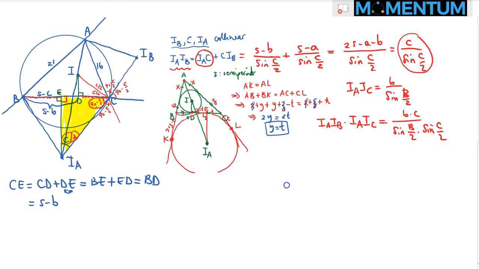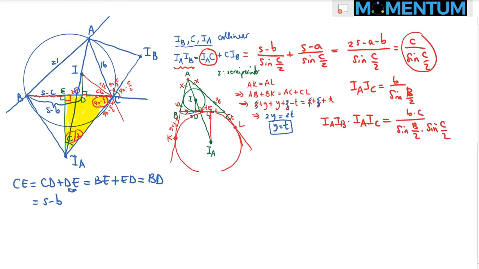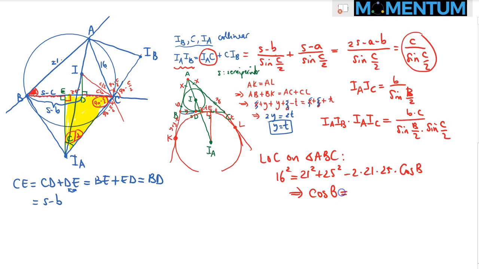Going back to our original picture, we know the side lengths of our triangle are 16, 21, and 25. You can easily find cosine of B by the law of cosines. Let me write that down. Law of cosines on triangle ABC gives 16 squared equals 21 squared plus 25 squared minus 2 times 21 times 25 times cosine of angle B. I'll leave it to you to do the bash.